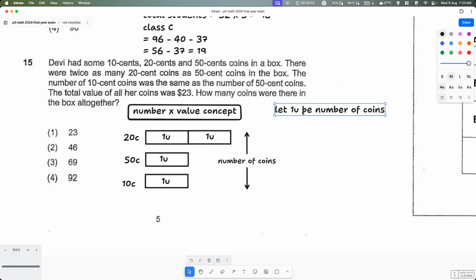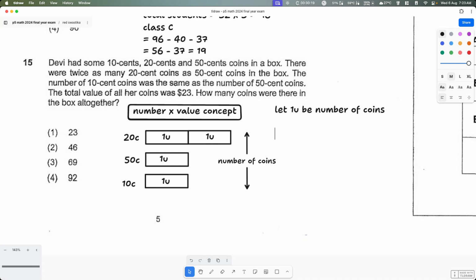So essentially what we want is $23 is equal to 1u times, so let's say a 10-cent value is equal to 0.1 times 1u.